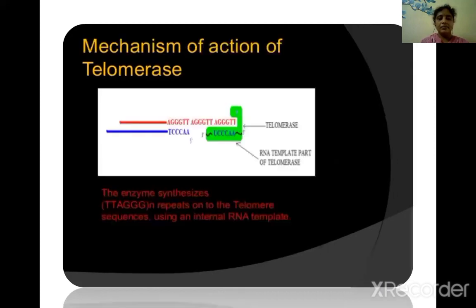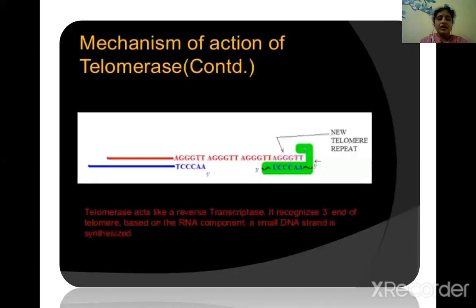The mechanism of action of telomerases: the enzyme synthesizes a special type of sequence, TTAGGG, which repeats onto the telomere sequences using an internal RNA template. Next, telomerase acts like reverse transcriptase.